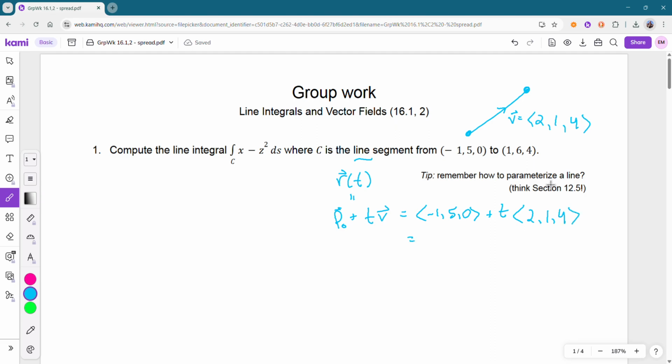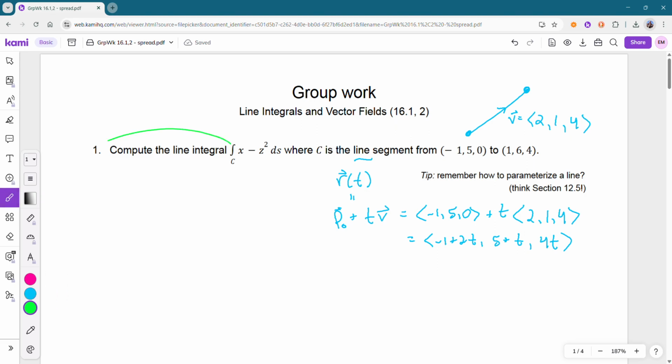And if we write that out in the different components, it's -1 plus 2t, then 5 plus t, and 4t. That's our parameterization. And we now have everything we need to translate and compute our integral.